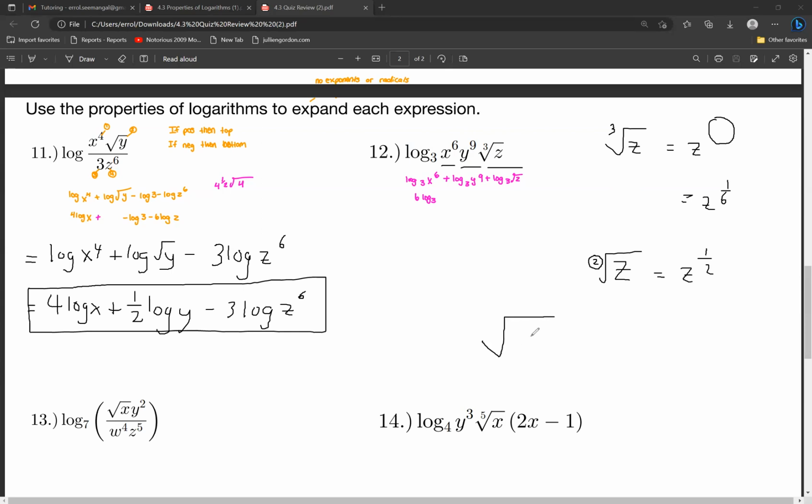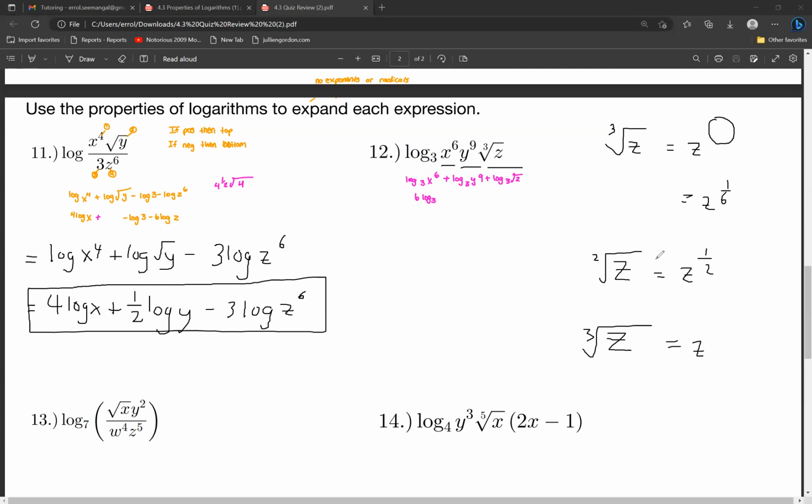Anytime you see a root sign like that and there's no number right there, it's assumed to be 2. So what's the second root of x? That's what that means. Okay, so now what about this? Z to the 3, 3. What is this? Z to the what? What's the exponent?